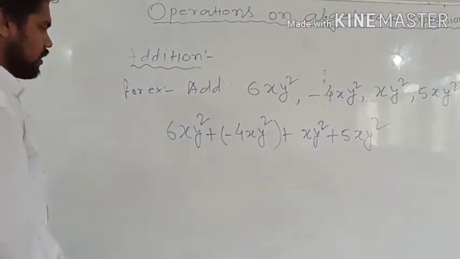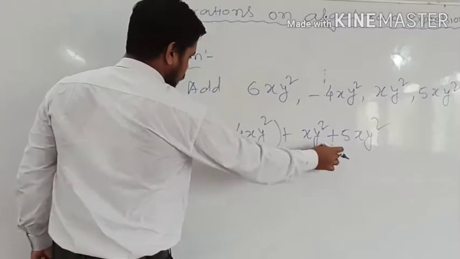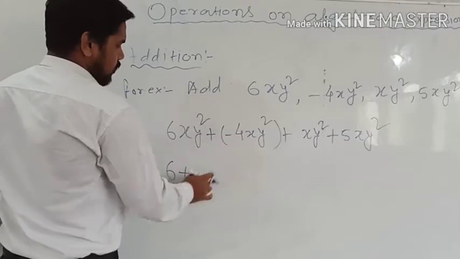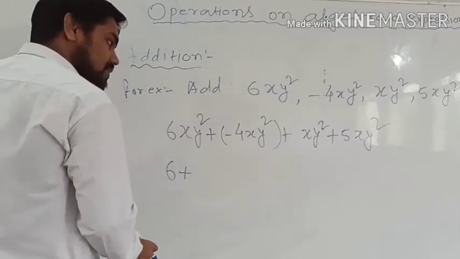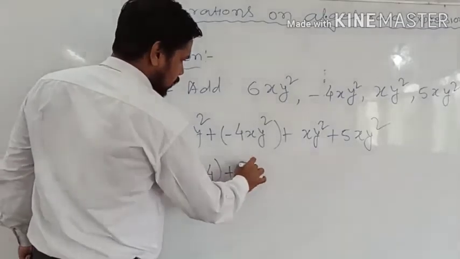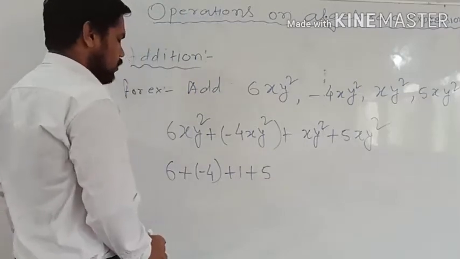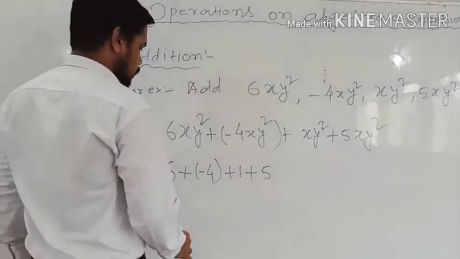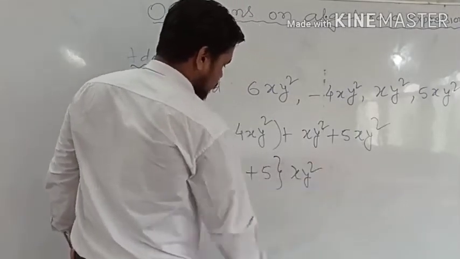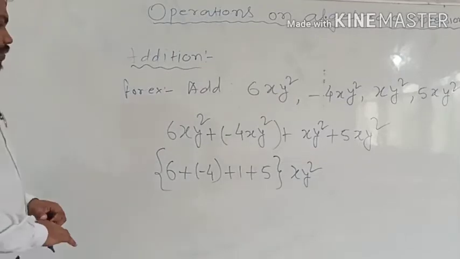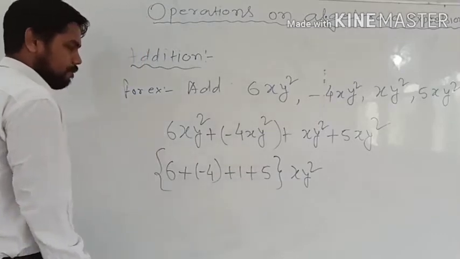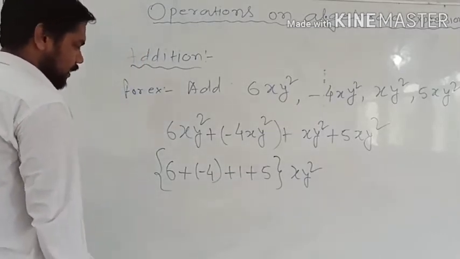Now suppose we are adding the constant terms first. Here nothing means 1 is there. If you add 6 plus minus 4, 6 plus minus 4 means 6 minus 4 only. Here also we are writing the same way, plus 1 plus 5. So this is one, and this is xy square. Now we will add these all terms. 6 plus 1 is 7. 7 plus 5 is how much? 12, right?